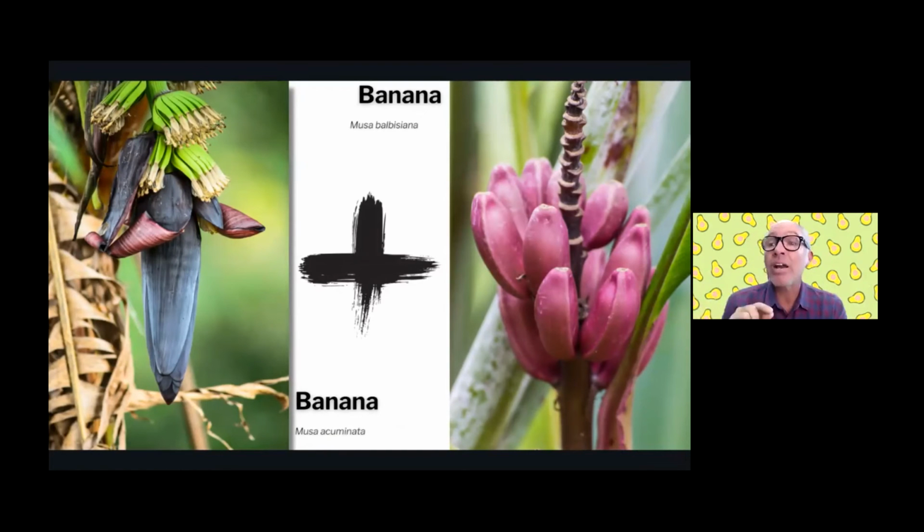That means unable to reproduce. That means perhaps unable to produce flowers. That's one way to be sterile, which could mean unable to produce pollen, but could still ripen an ovary.